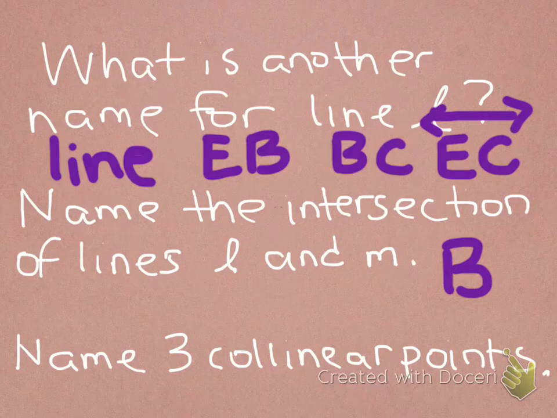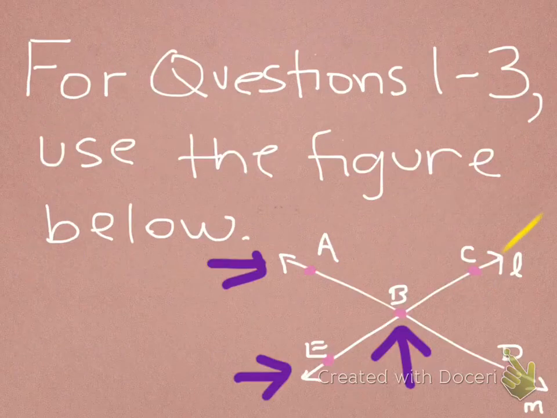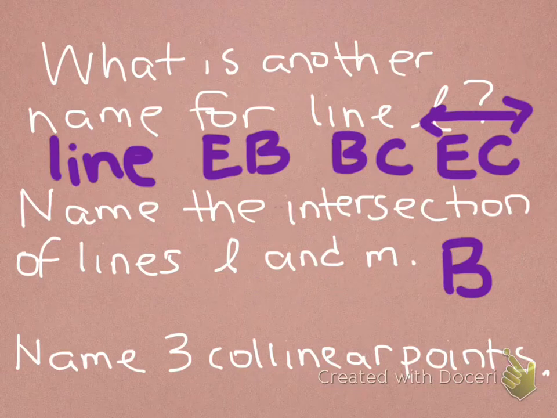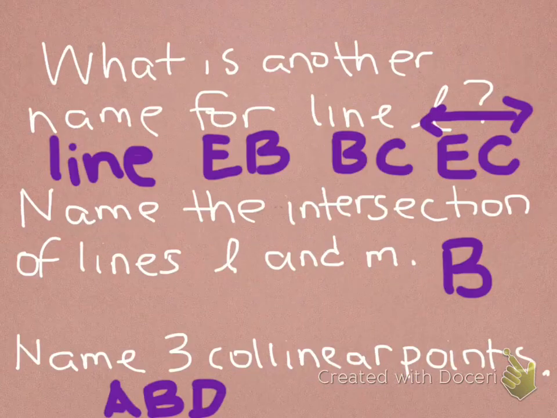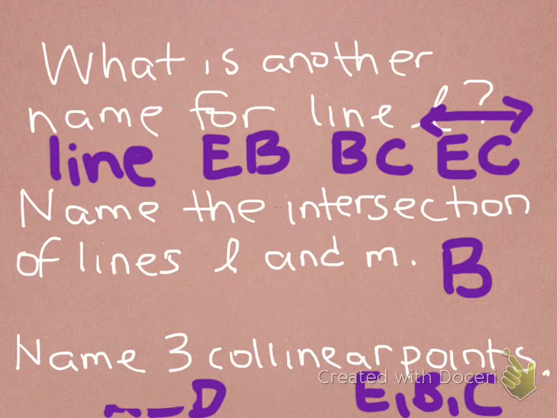And then the last one for this figure is collinear points. So you need to name 3 collinear points, and that can be any 3 points as long as they're on the same line. So you could do A, B, D, or you could do the other 3 points on the line, E, B, C. And actually, notice I separated those 3 with a comma.